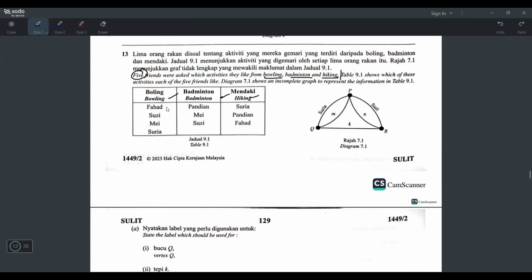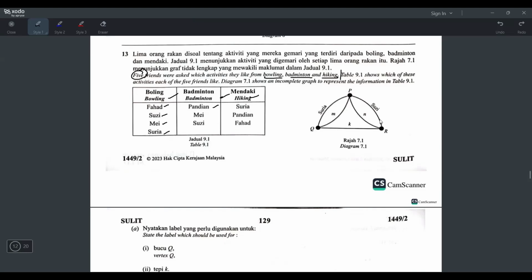So let's count, betul tak ada 5 orang? Fahad, Suzy, May, Surya, Pandian. Okay, May sudah repeat sini. Suzy repeat, Surya repeat, Pandian repeat, Fahad repeat. So yalah, ada 5 orang lah. Okay. And if you look at the graph here, dia ada berapa bucu, berapa vertices? Ada 3 bucu, 3 vertices. So this must be the activity lah.